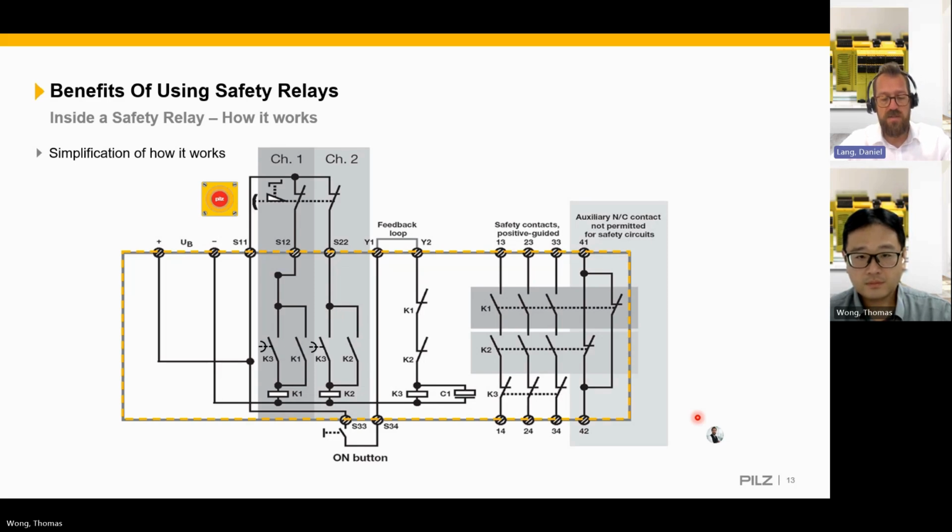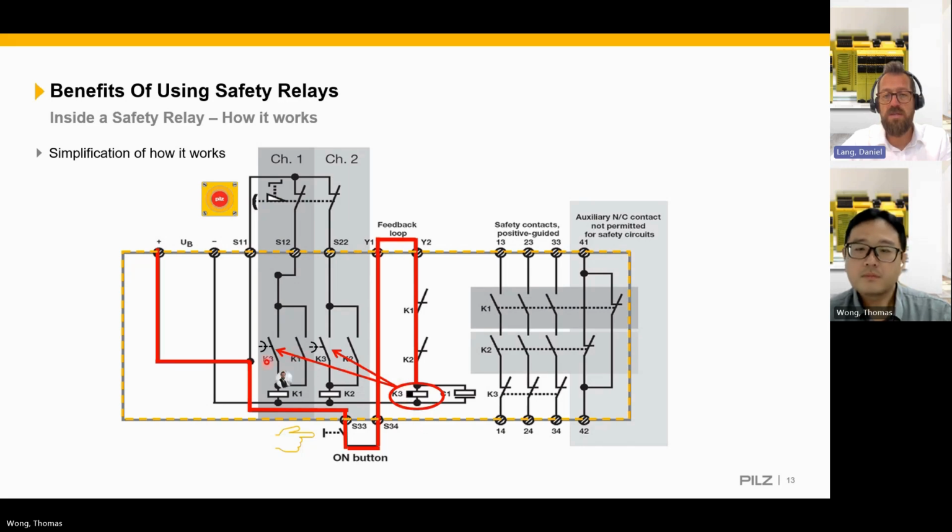Now, for the simplification of how it works, we can just push the on button. When you push the on button, K3 will be energized, over this button and the feedback loop.